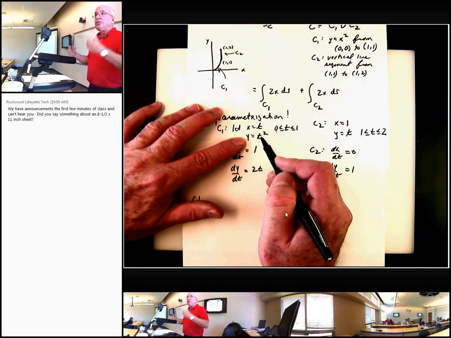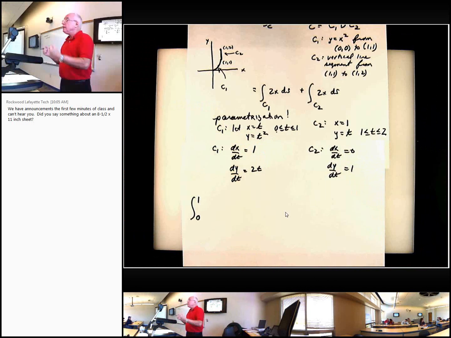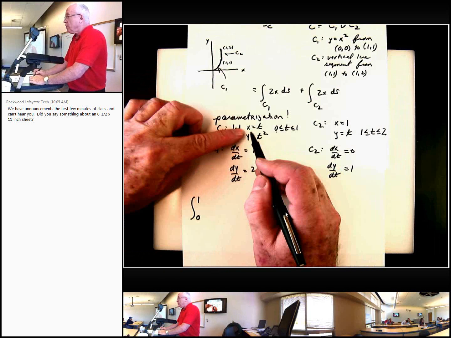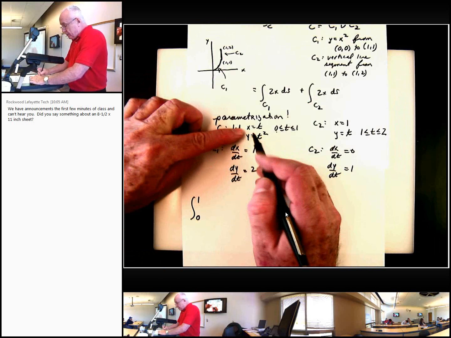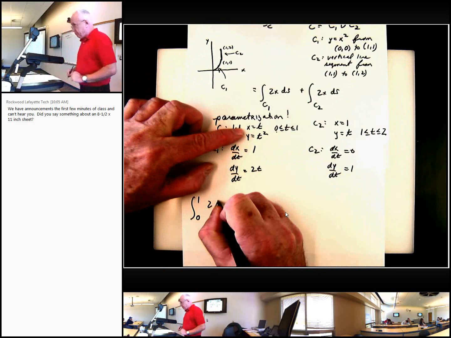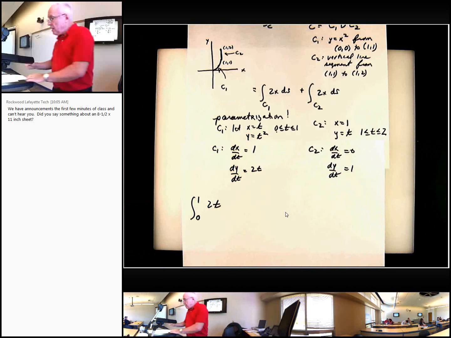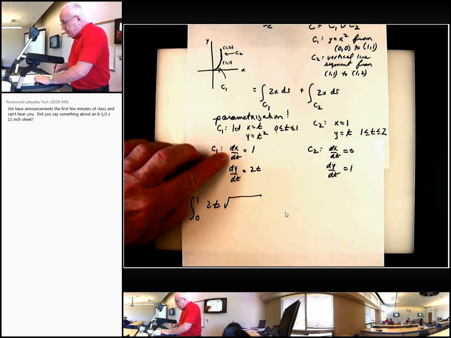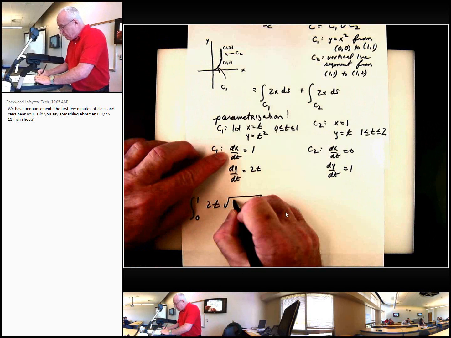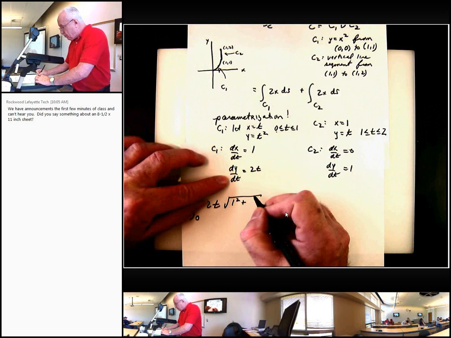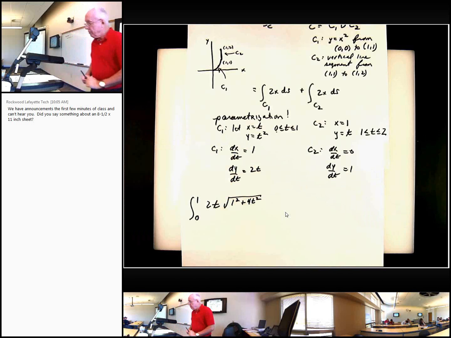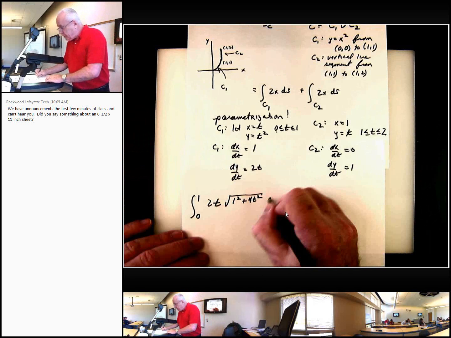Well, there is no y in the particular function that we're given. So we just have 2 times x. So for the first curve, I'm just going to substitute t for x, and I'm going to get 2 times t. Okay? And then let's do our square root thing here. dx/dt squared is going to be 1 squared. dy/dt, when I square that, is going to be 4t squared. Okay? And then that's dt.